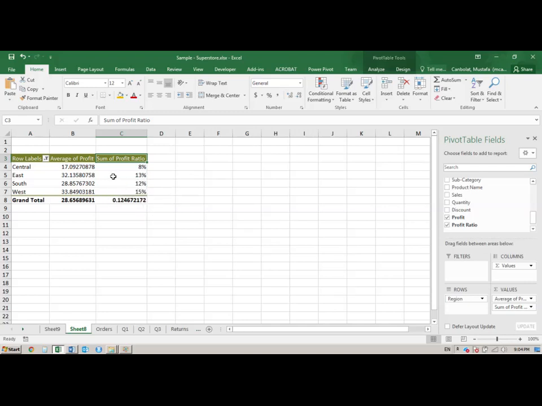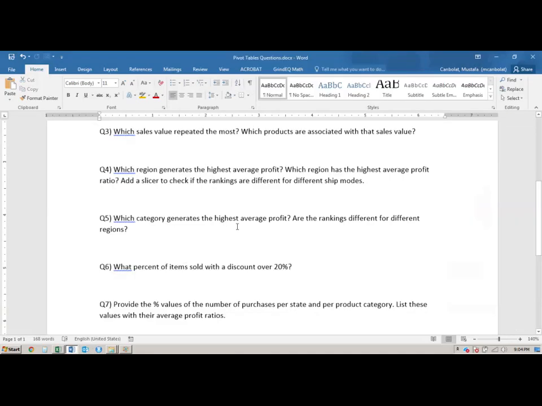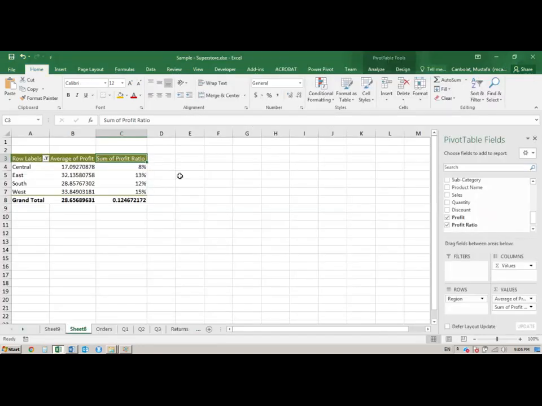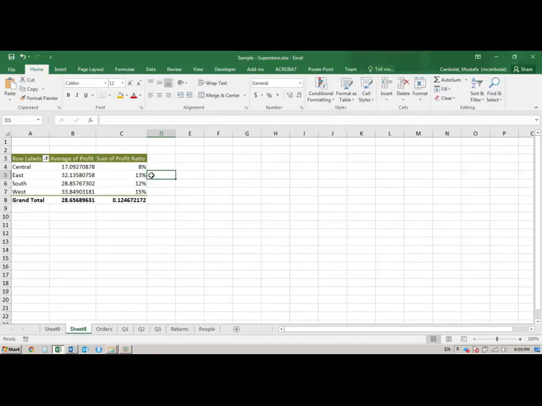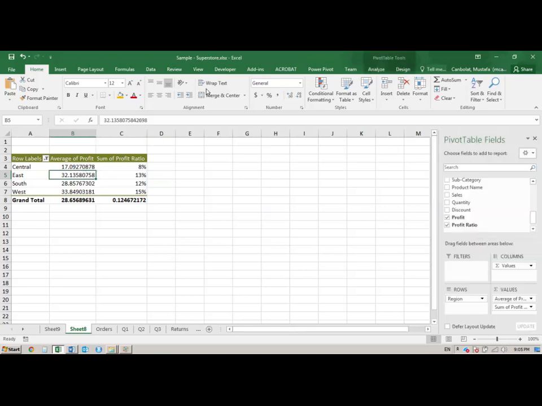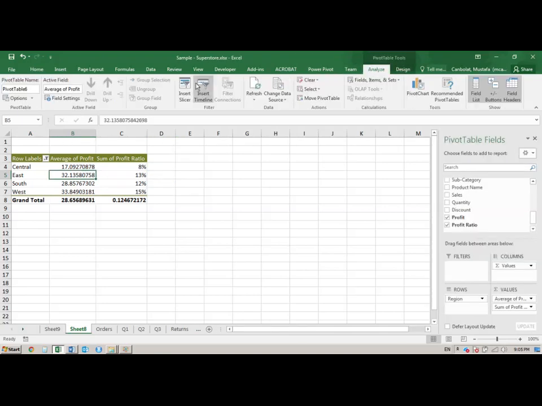So what we're going to do is the last thing there, and that question is, are the rankings different for different ship modes? To find it out, we are going to use another feature of pivot tables. We'll go to Analyze and insert a slicer.